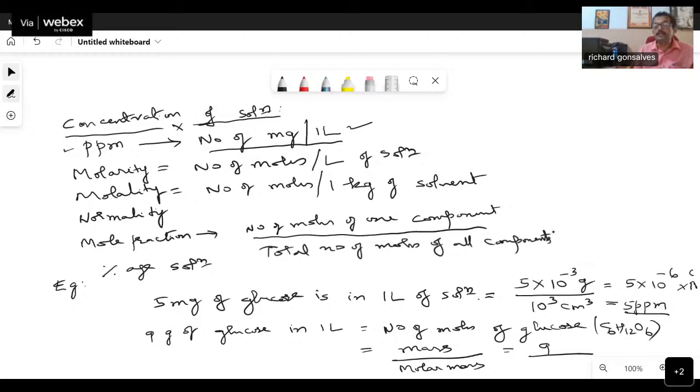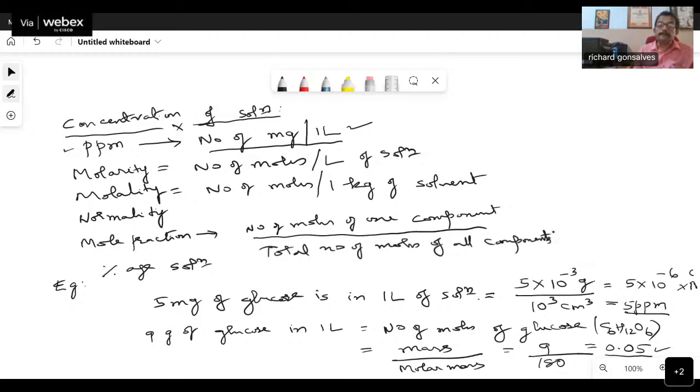You can find carbon is 12, 12 into 6, 72, 1 into 2, 12, 6 into 16, 96, all that comes to 180. Therefore, this is called moles. How much it comes? 1 by 20. 1 by 20 is 0.05. This is the moles.